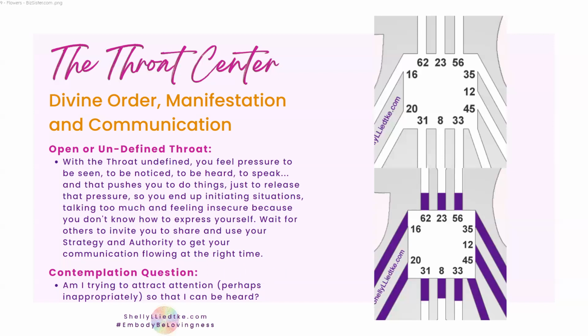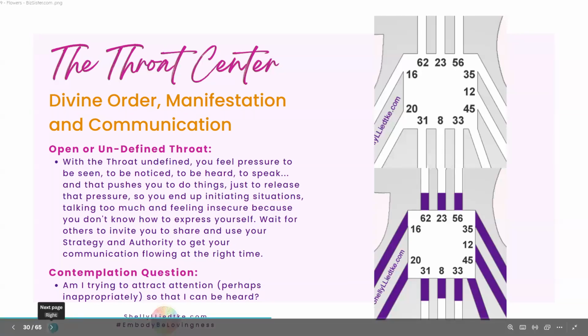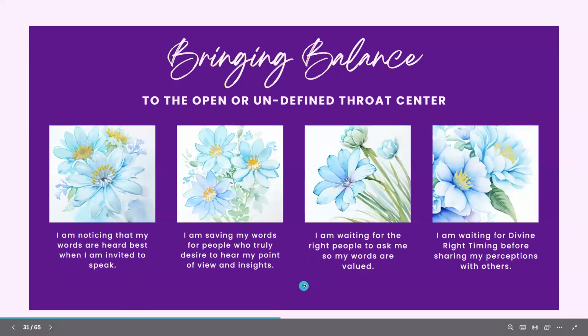The contemplation question for these 2 ways of expressing the throat center is, am I trying to attract attention, perhaps inappropriately, so that I can be heard? So this could come from a feeling or a sense of insecurity. And the way to restore balance at the throat center when it's open or undefined.